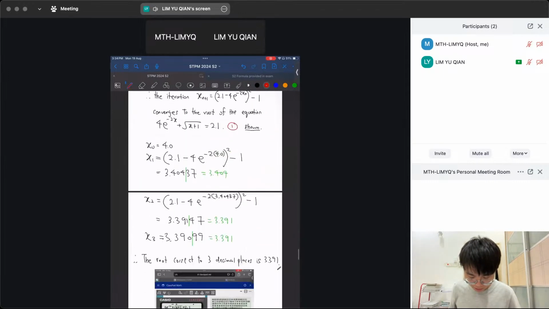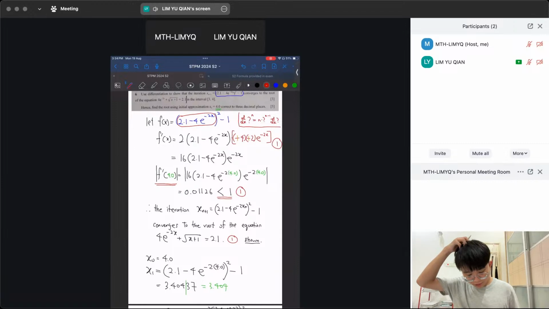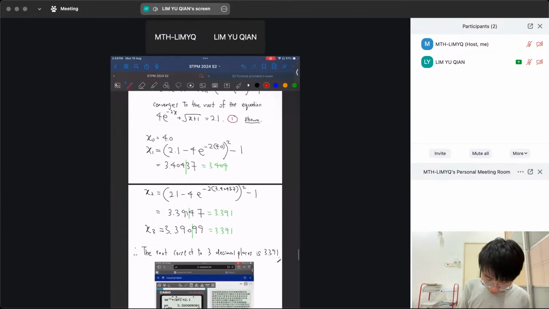For the last 5 marks, this one everybody knows. You must at least give 2 formulas; the formula also has marks. At least give 2 times, in this case x1 and x2, and if the values are correct over here.